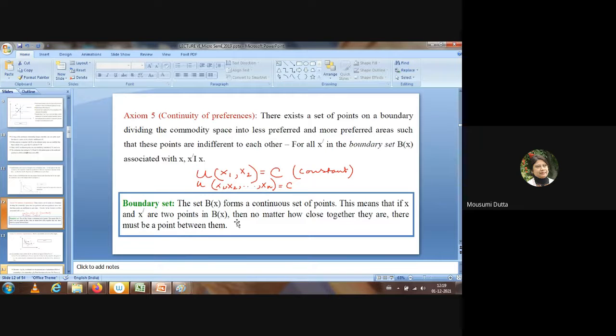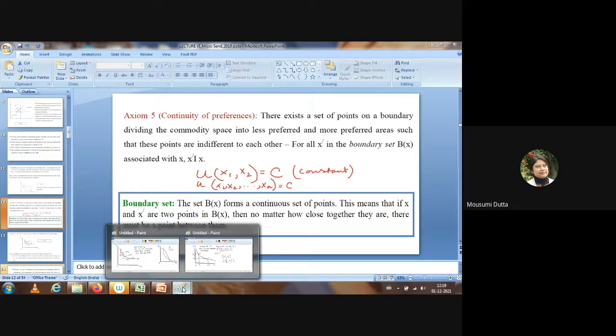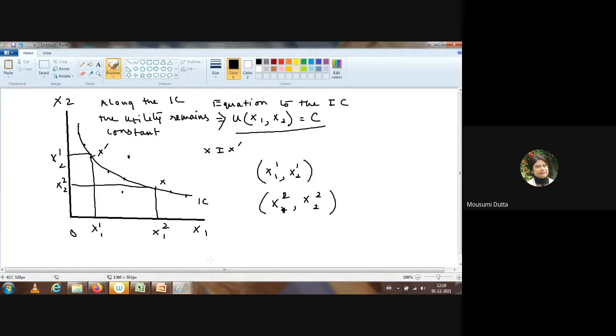Actually, X2 in the context of microeconomic analysis indicates X minus 1, the rest of the commodities apart from X1.